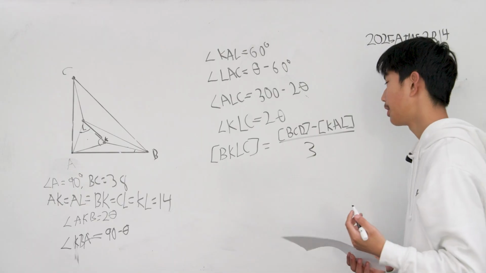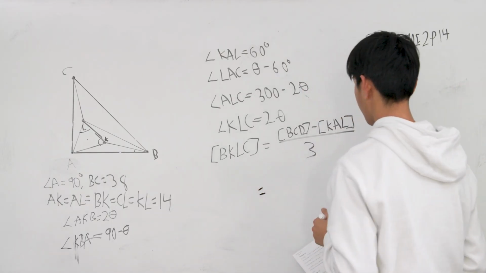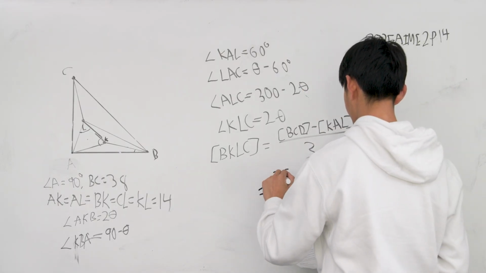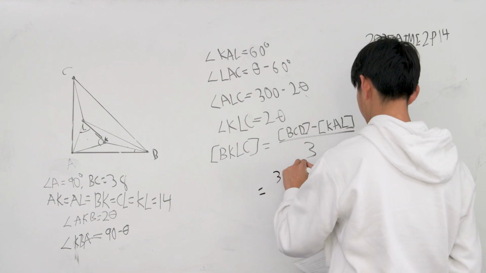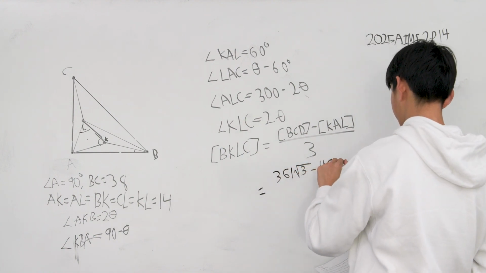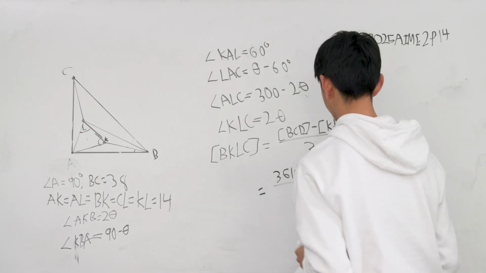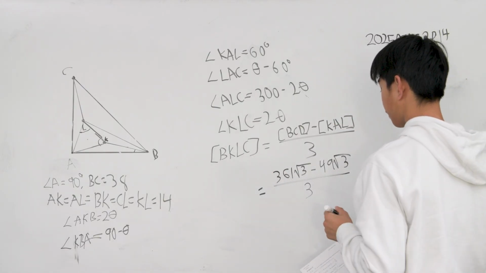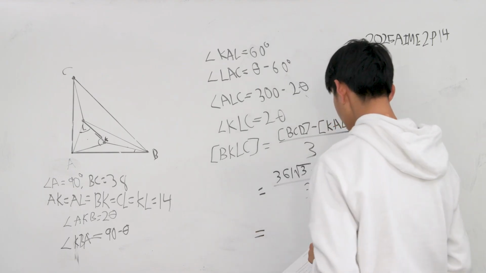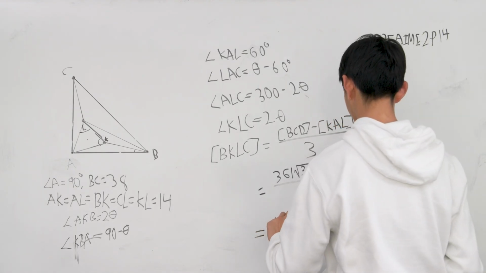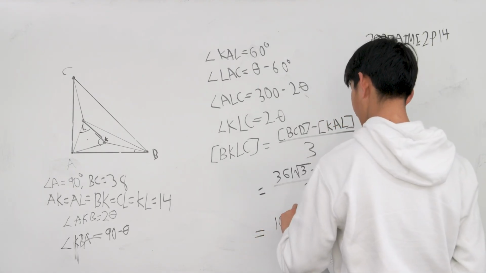If we divide by 3, we can start solving, and this gives us 361 root 3 minus 49 root 3 over 3 using what we are given. Therefore, our answer is going to be 104 root 3.